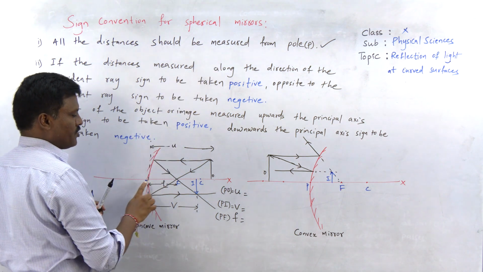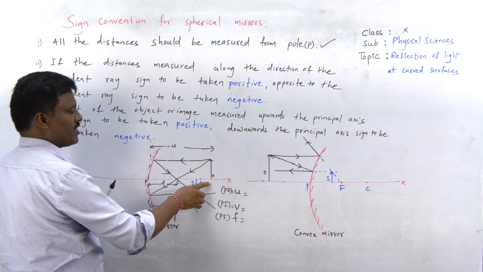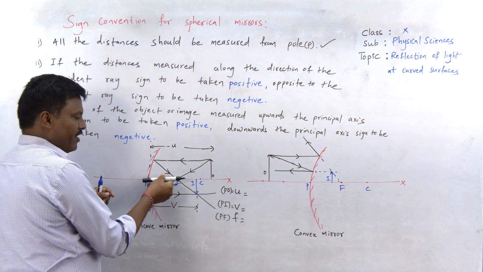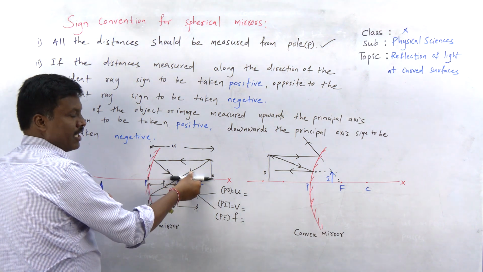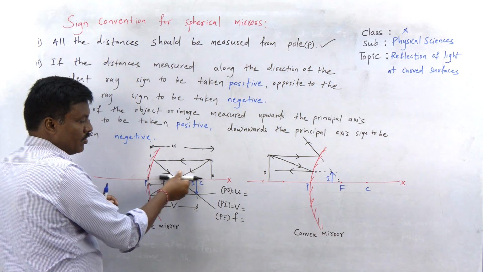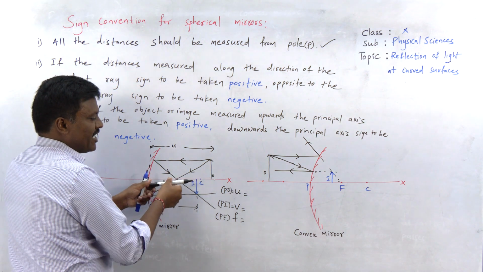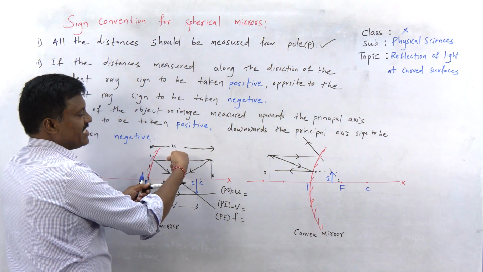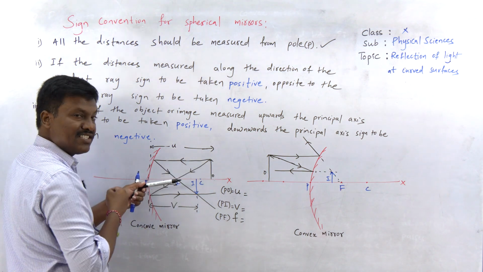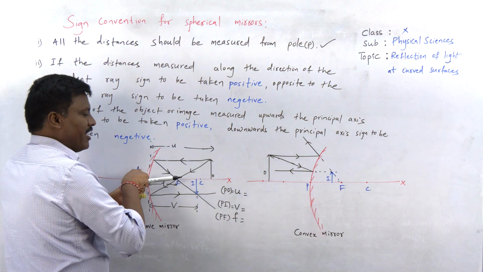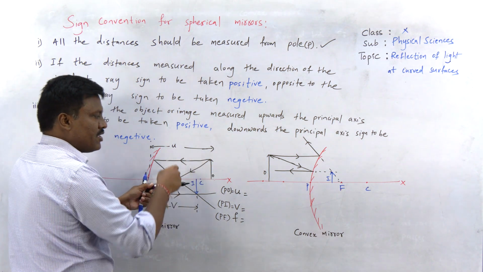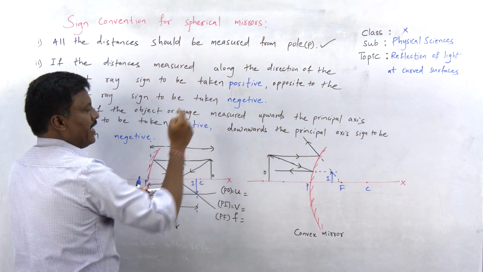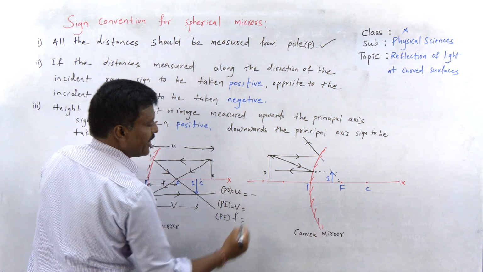According to the first rule, I have to start from P, then move towards O. I am moving from P to O, but my direction is opposite to the incident ray. This is the incident ray direction. Are we moving in the incident ray direction? No. We are moving in the opposite direction to the incident ray. So sign to be taken negative. So u is negative.